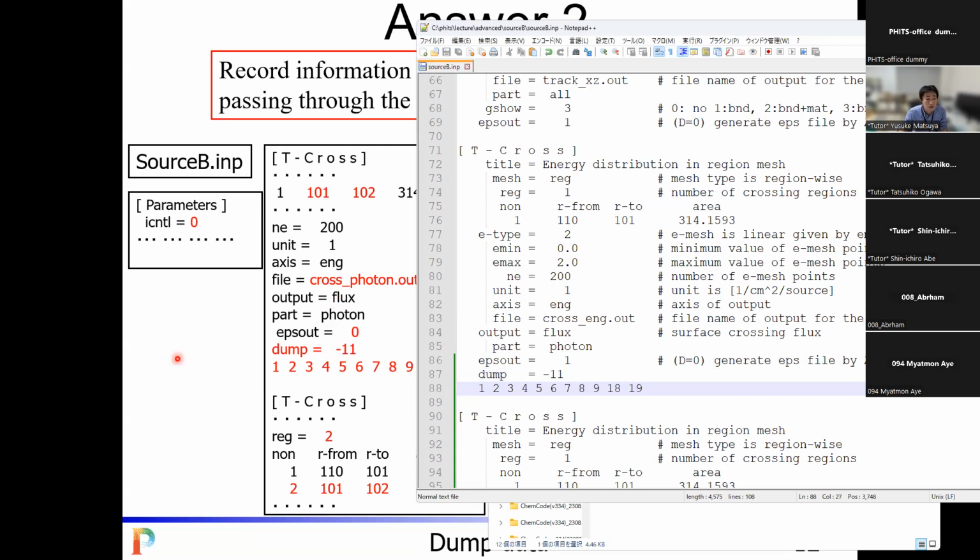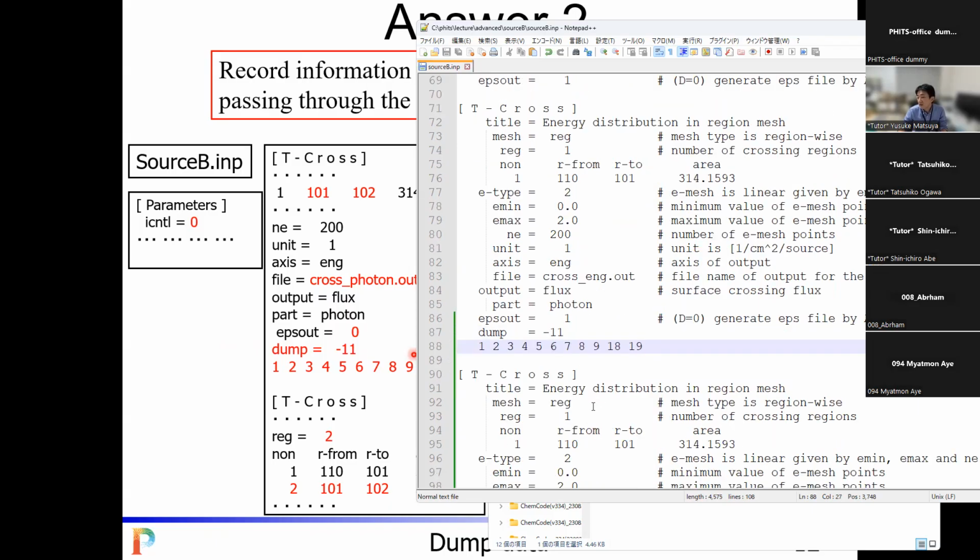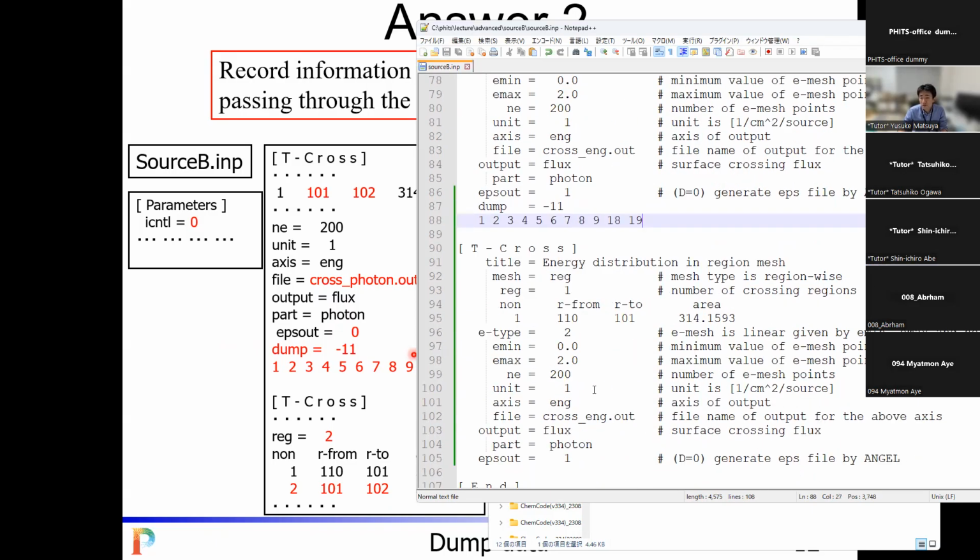Okay, and fourth, in the first T-cross tally, please change the cell number so that the tally counts the number of photons moving from cell ID number 101 to 102. I'm mentioning, I mean here.